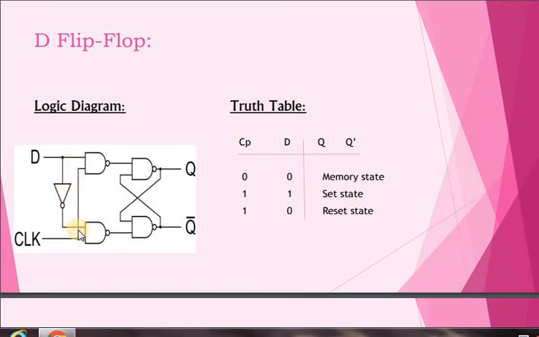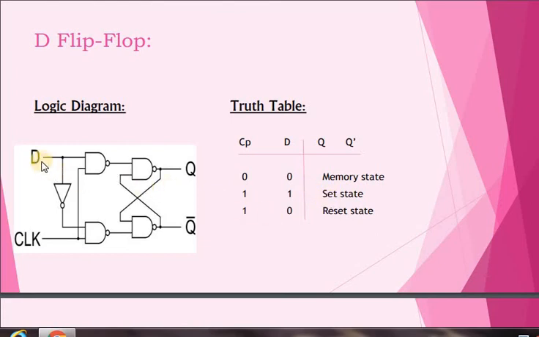In a NAND gate, if any input is 0, the output will be 1. So here the output is 0, and the other output is 1, giving Q equal to 1 and Q complement equal to 0. So that is the set state.